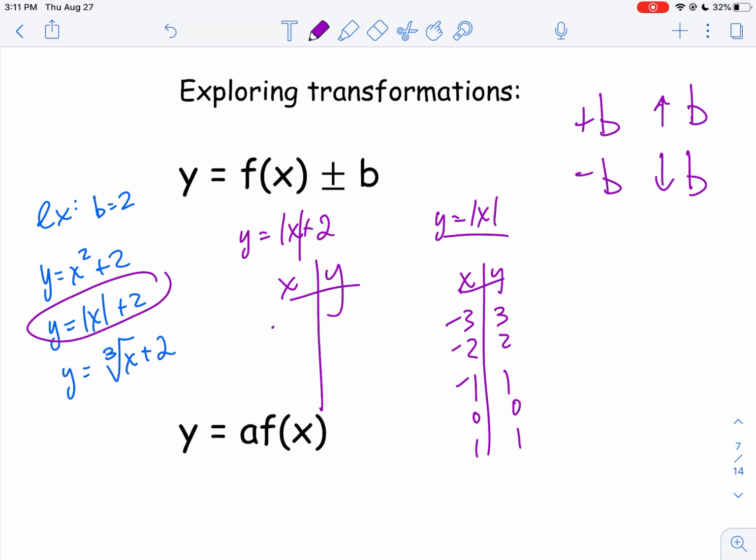But the plus 2 is just going to move everything up 2. So this is going to be 5, this is going to be 4, this is going to be 3, 2, 3, and so on. So instead of having my graph look like this, can you picture it? It's just going to be shifted up 2.